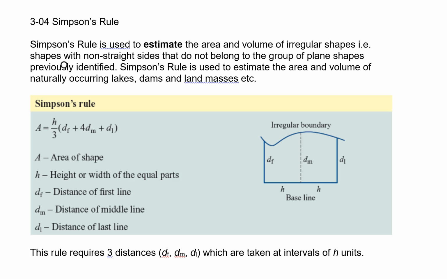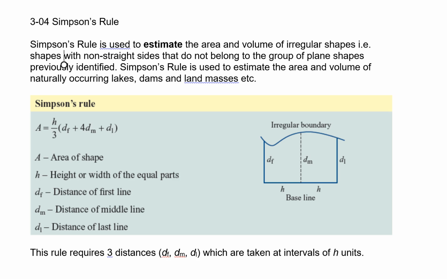And more than one application of Simpson's rule is a more common question actually in the HSC. So again, you're learning what Simpson's rule is, but you're also paying attention to the more sort of the extension aspects of Simpson's rule, which will be more than one application and certainly volume.